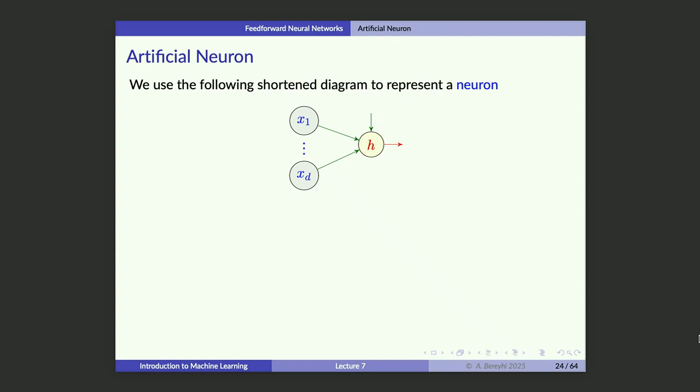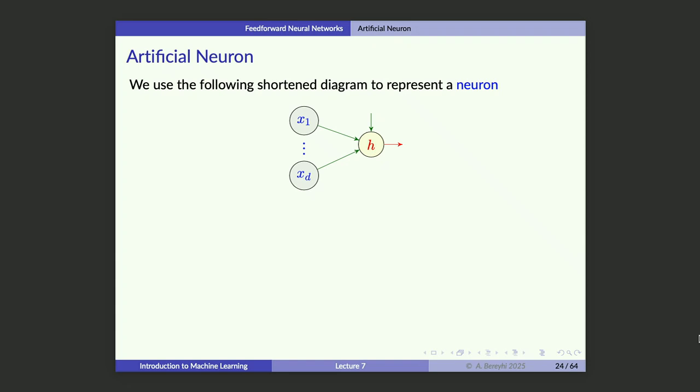Okay? Cool. Now I want to unbox that feed-forward neural network that I showed you a couple of slides before. For that, I'm going to use a shorthand notation. I'm going to show this whole artificial neuron as one circle. That guy is yellow, so it's different in color.